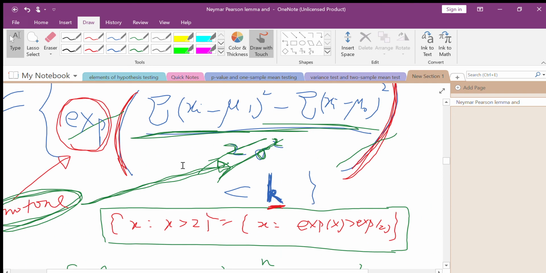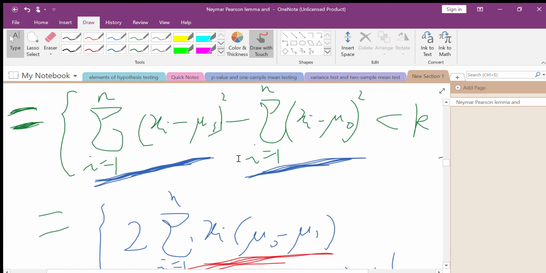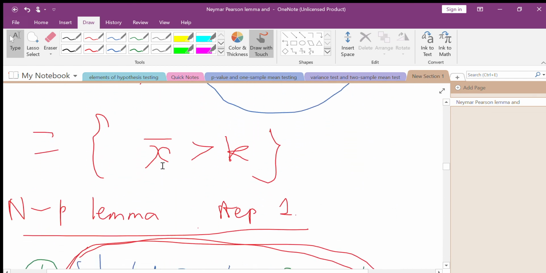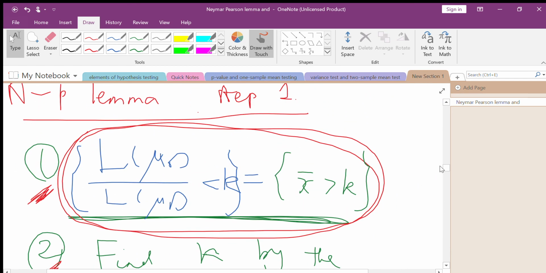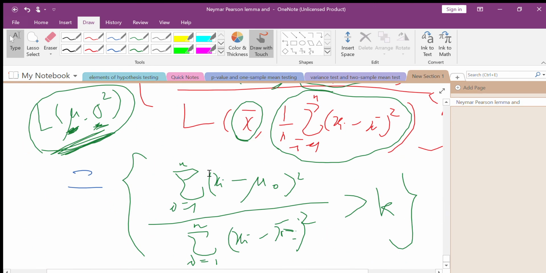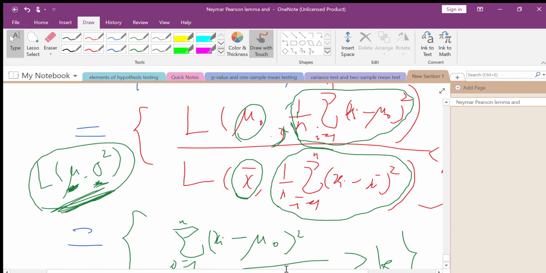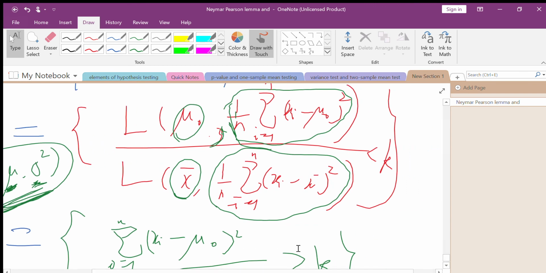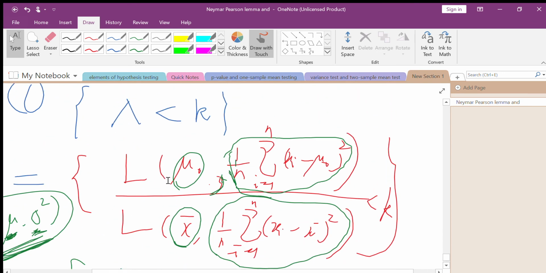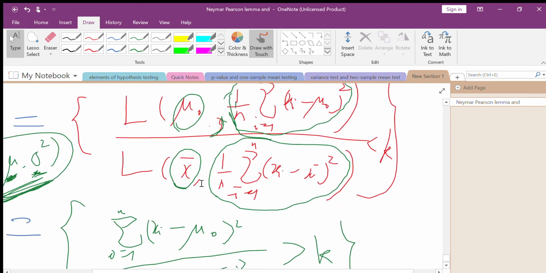We got this summation subtract summation less than k, and then finally we get something greater than k, and they are equal in the sense of set. We can do a similar trick here, but we don't go into detail because this is too long for our course aim. So we just give you the result.